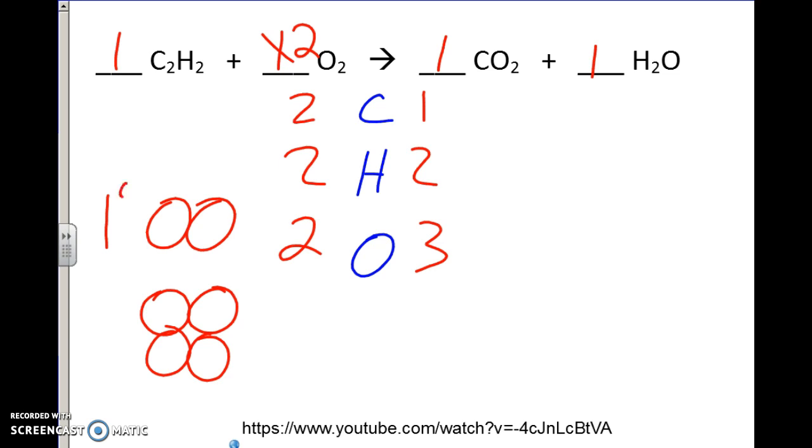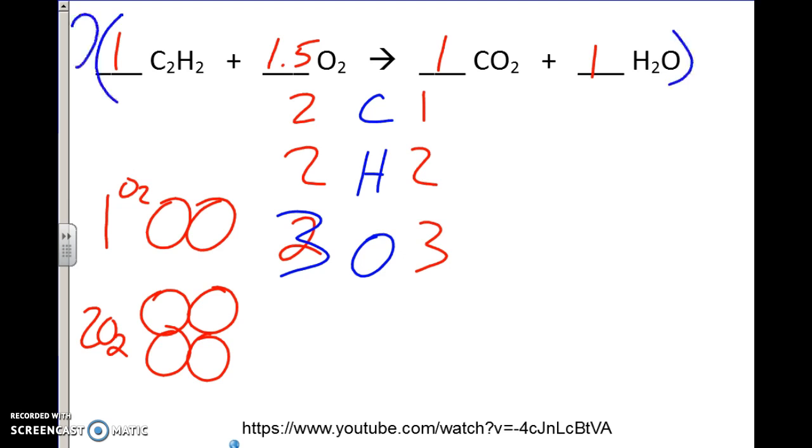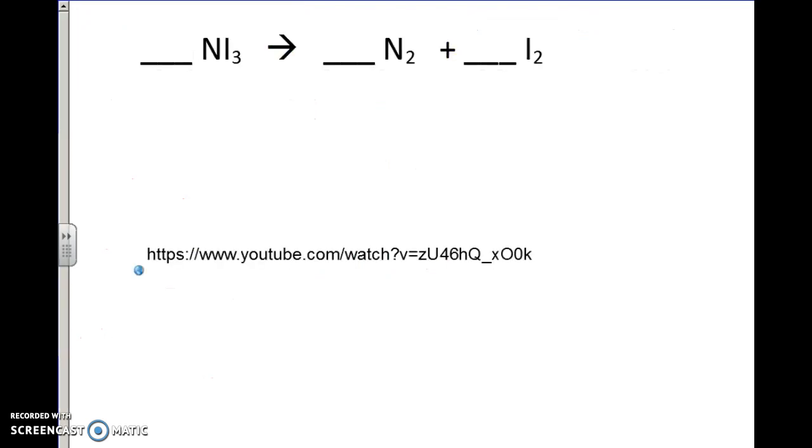So 1 O2 is too few and 2 O2s is too many, so I must need a number in between 1 and 2, and that would be 1.5. Now I have 3 oxygens. I multiply the whole thing by 2: 2, 2, 3, 2, and it is balanced. Try the next problem on your own before you watch the video on it.